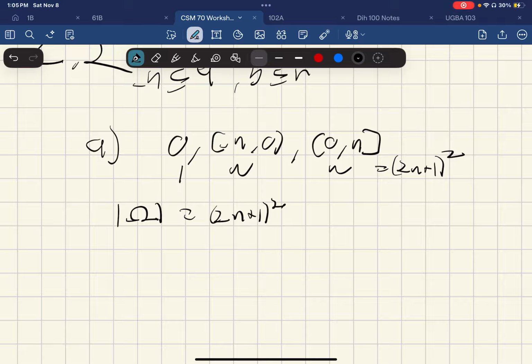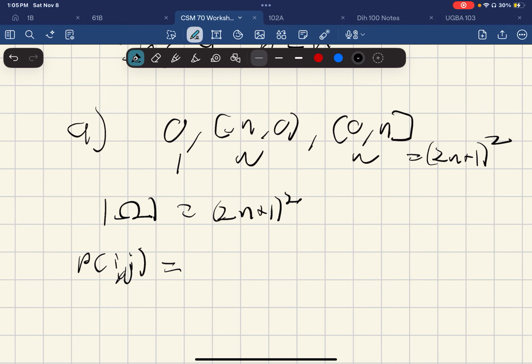And every single point that we pick, let's call it i and j, is chosen with equal chance, as it's uniform. Say if we were to choose 1 and 2, the probability of choosing 1 and 2 would be the same as the probability of choosing 2 and 1.